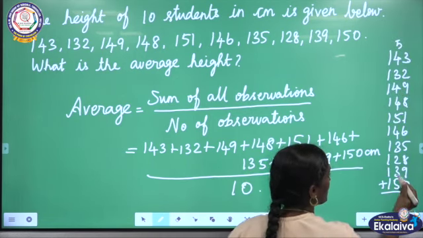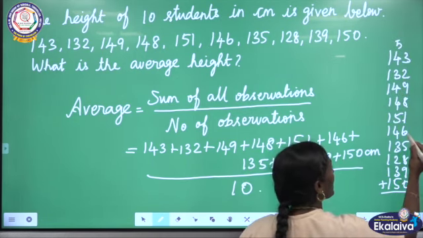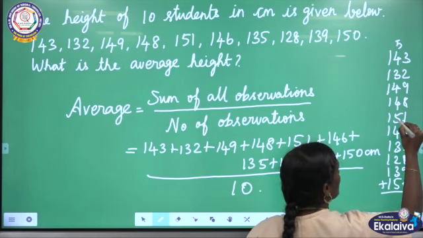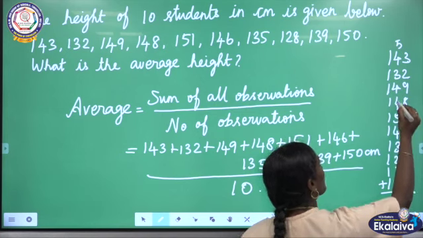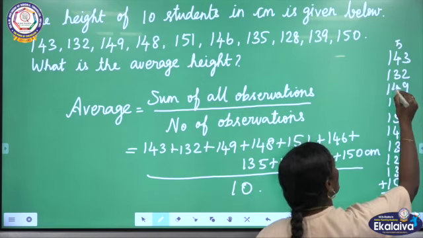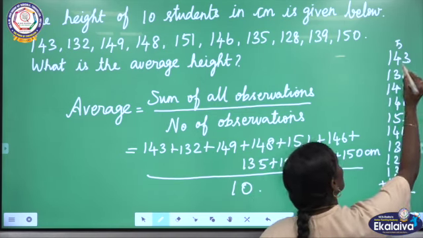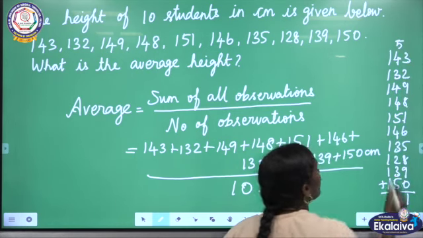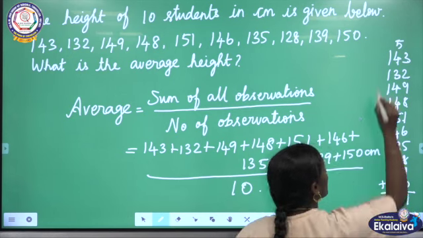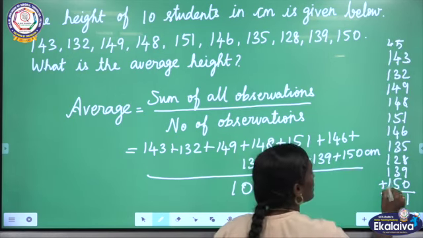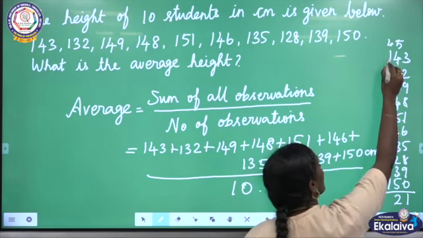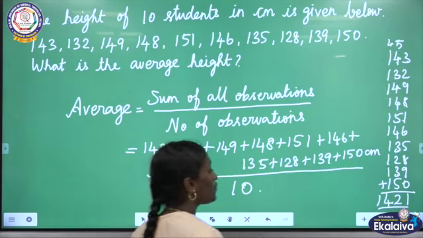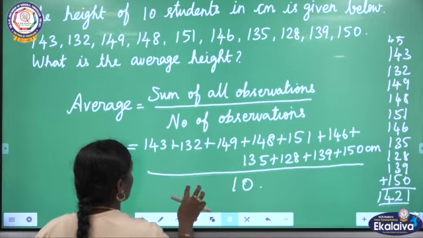Here 5 plus 3, 8, 8 plus 2, 10, 10 plus 3, 13, 13 plus 4, 17, 17 plus 5, 22, 22 plus 4, 26, 26 plus 4, 30, 33, 37, 37 plus 5, 42. 2 here, 4 carry over here, 10 times 1 is there, so 10, 10 plus 4, 14. Now we got 1421.